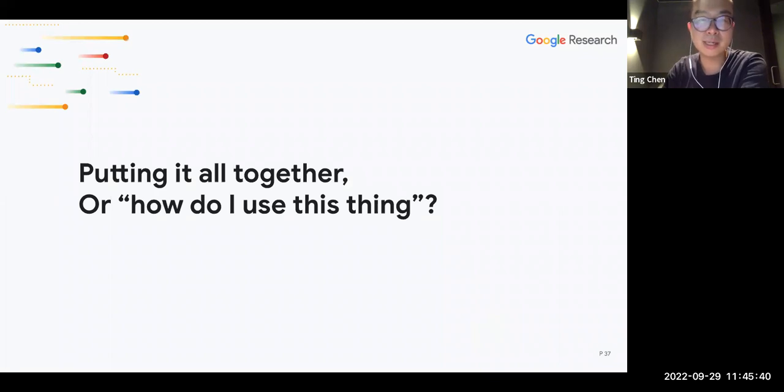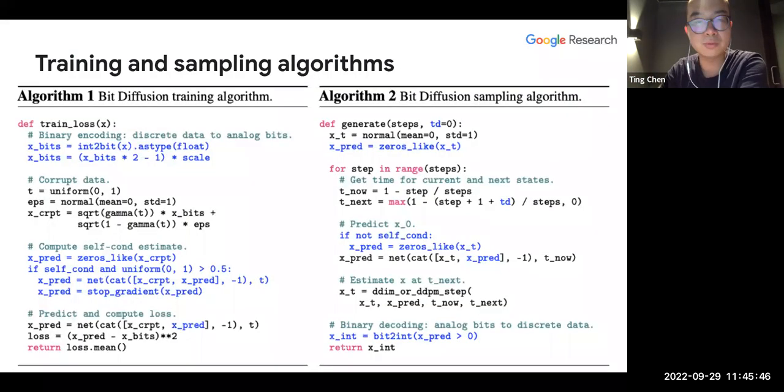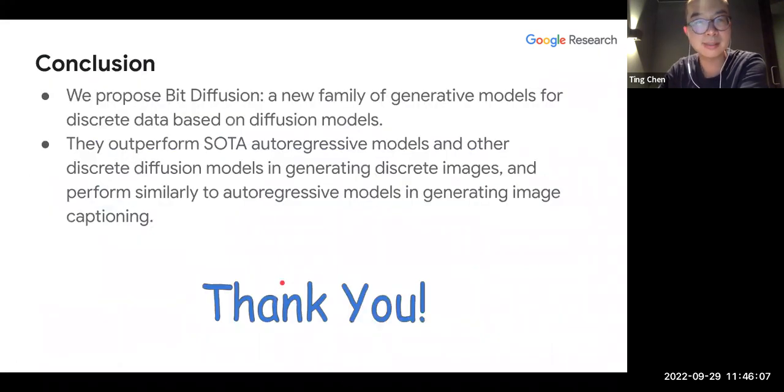Okay, so putting it together, if you wanted to use Bit Diffusion, what do you do? This is a summary of the training and the sampling procedures. And I should say it's relatively easy if you already have a continuous diffusion code base. You only make small tweaks to add these things into it.